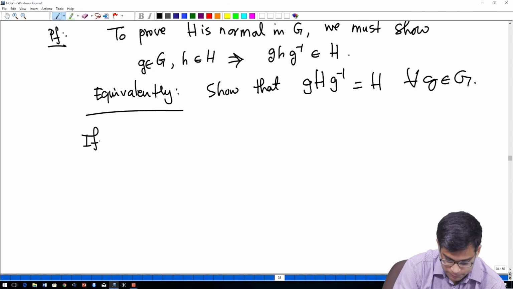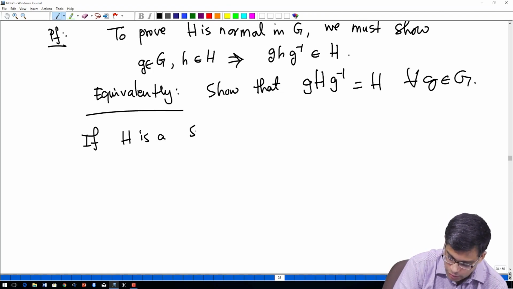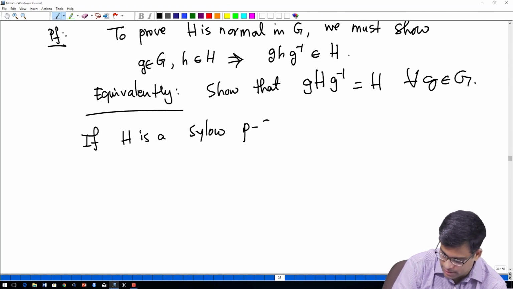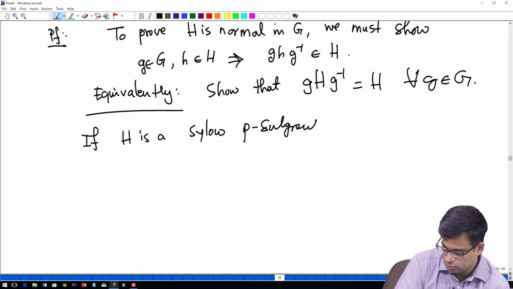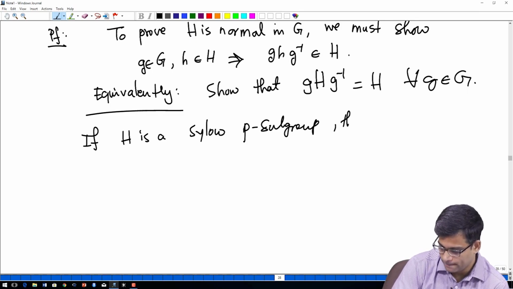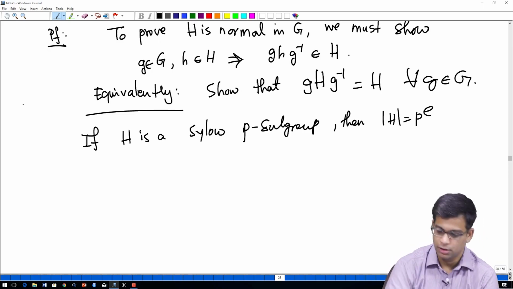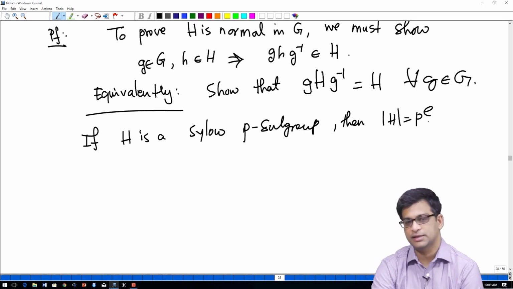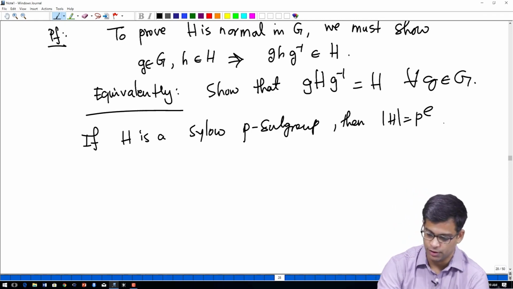That is what one has to show to prove some subgroup is normal. Now, if H is a Sylow P subgroup, then H will have order p^e. Of course, again the order of G contains p^e as the largest power of p.